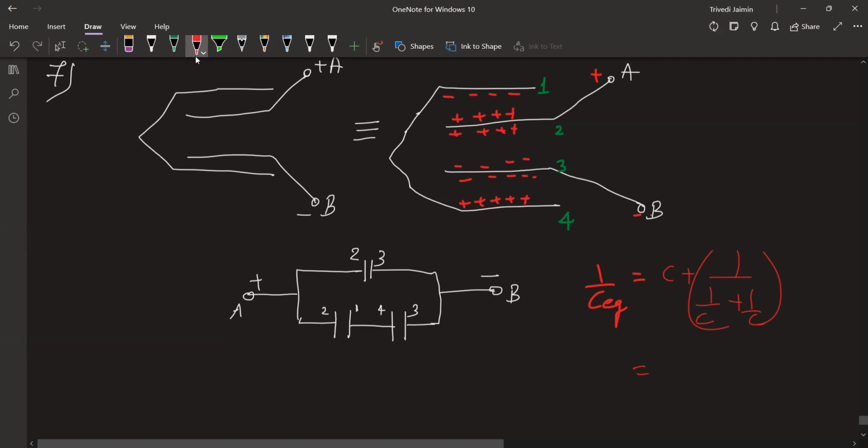So 2 plus 2C by C means 3C by 2. C equivalent.